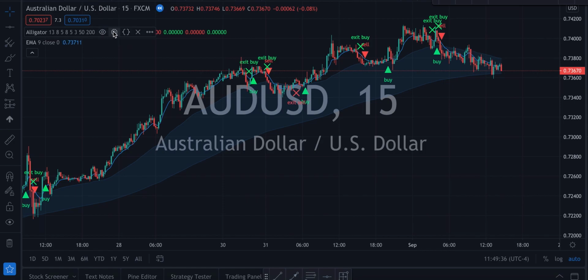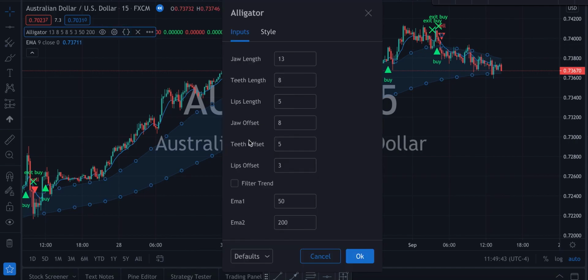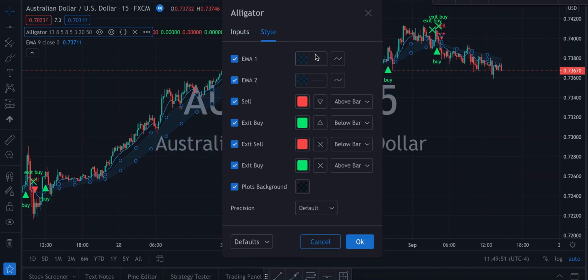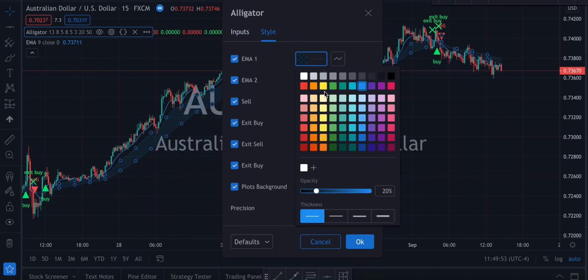The first thing we're going to do is go to this alligator. That's the trade finder. And we're going to go to settings. We're going to change this to 20. And we're going to change this to 50. We're going to go to style. We're going to go to EMA. And we're going to change this to blue.